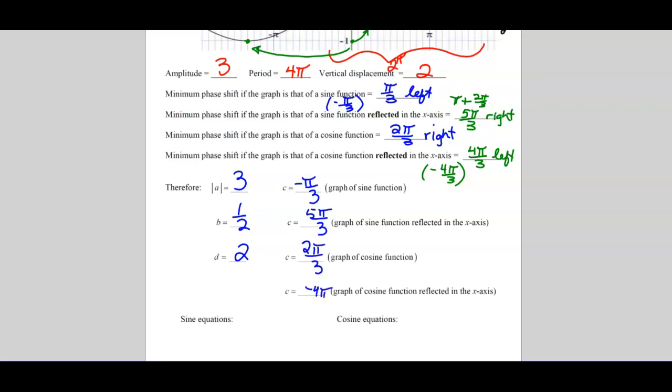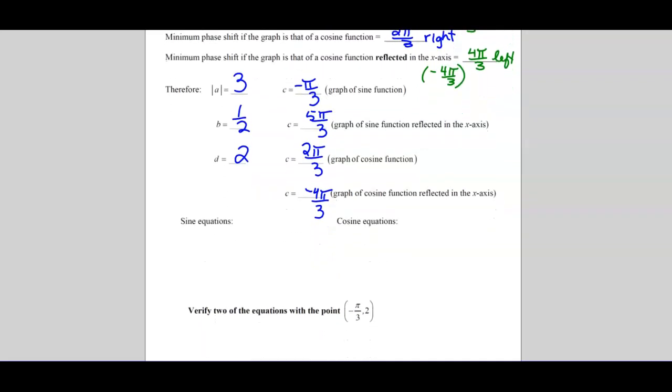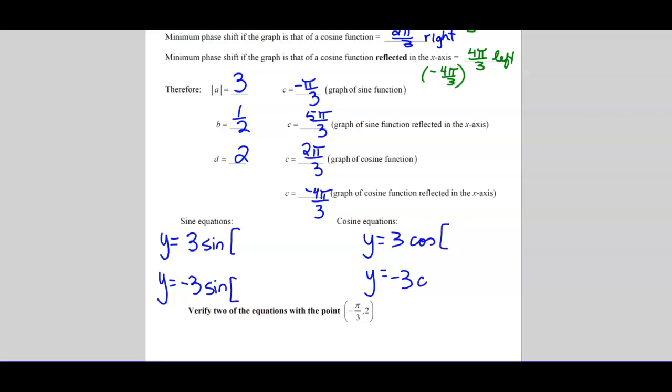Negative 4 pi over 3. So for all of these, y equals, one's a positive, one's a negative. The value is 1/2 for all of them.